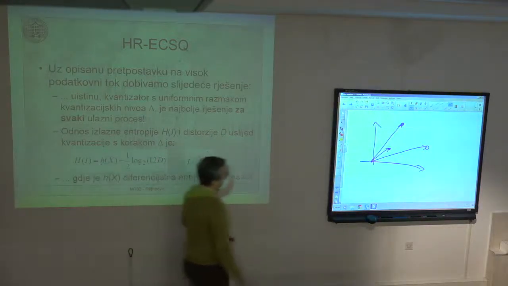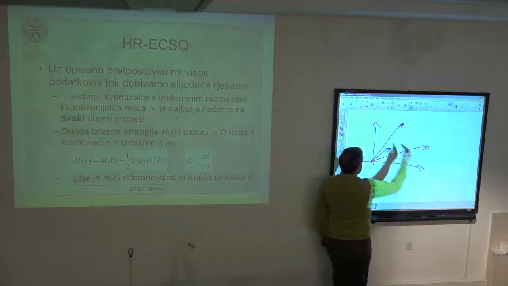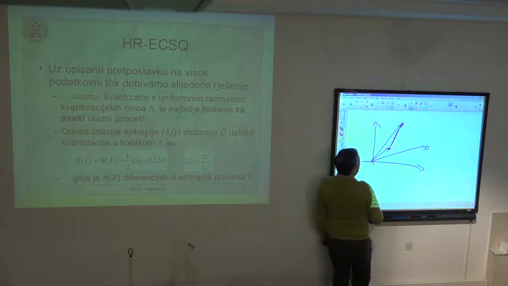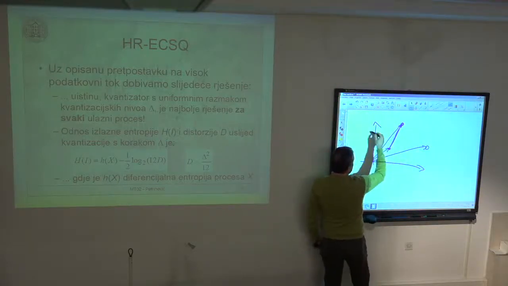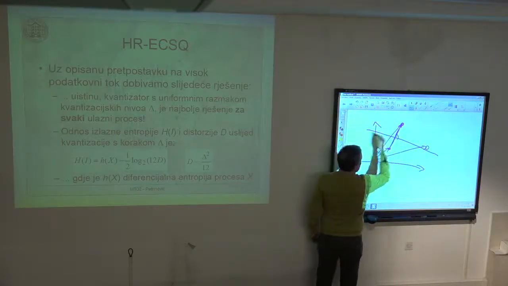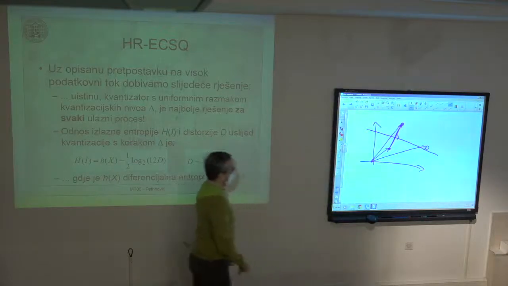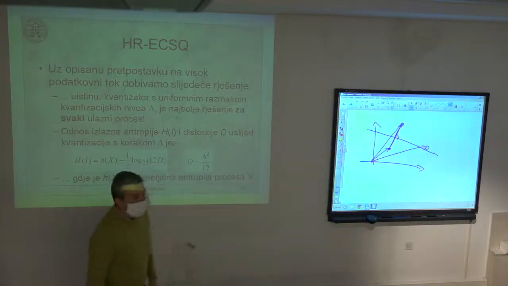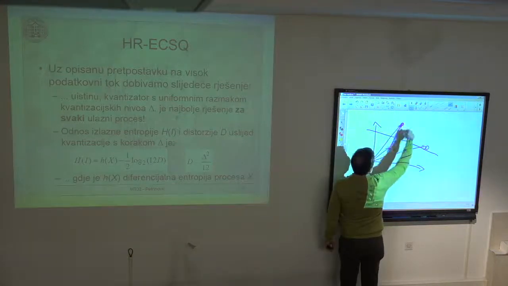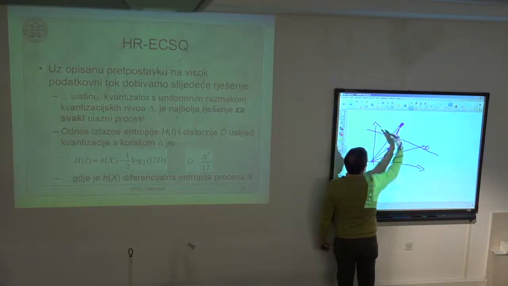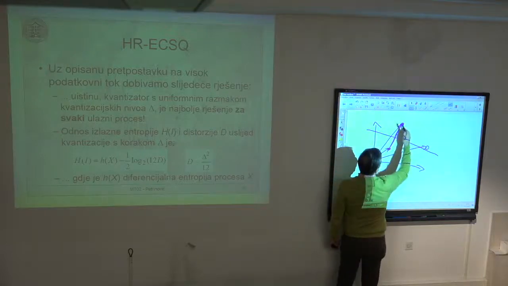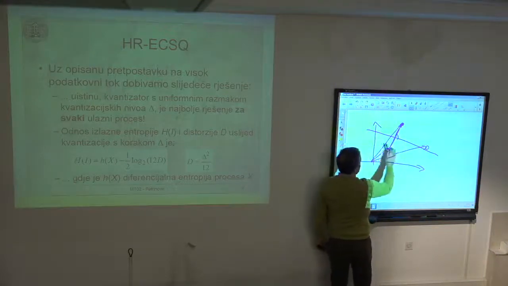I simply take the distance measure. If I have a line that connects two representatives, I take the orthogonal line to it, and this bisector divides this space into two parts. So this part of the space is closer to this representative, and this part of the space is closer to this representative. So all points in this half plane are mapped to this one, or all points to this one.